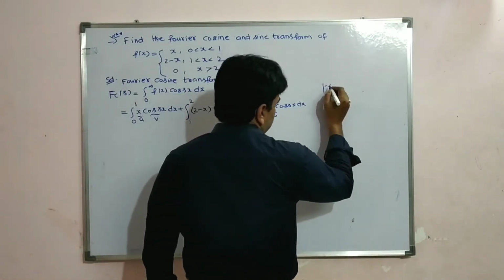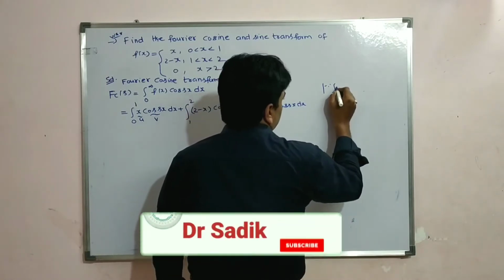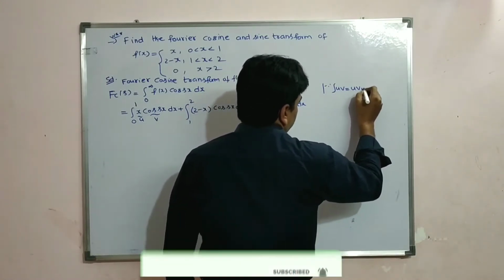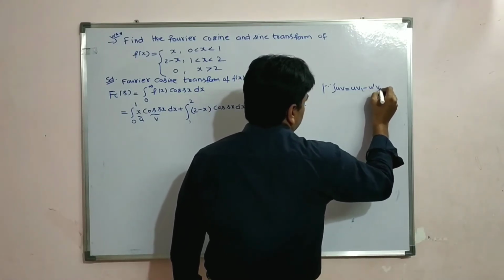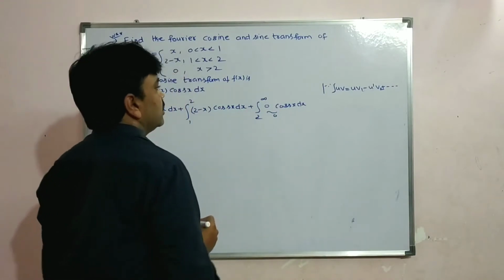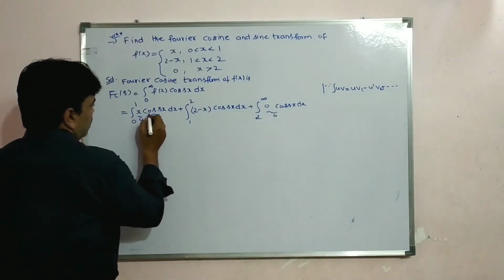Integration by parts, the generalization of integration by parts, students. The integral of uv is equal to u v1 minus u dash v2 plus and so on. So here x is u and cos sx is v.